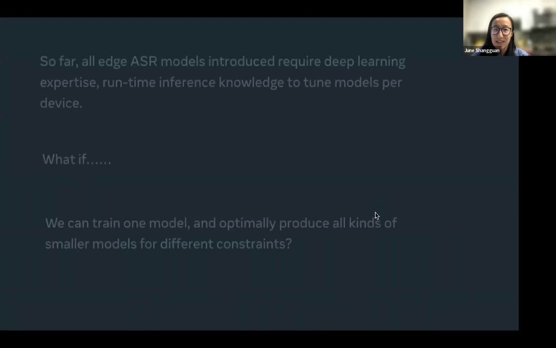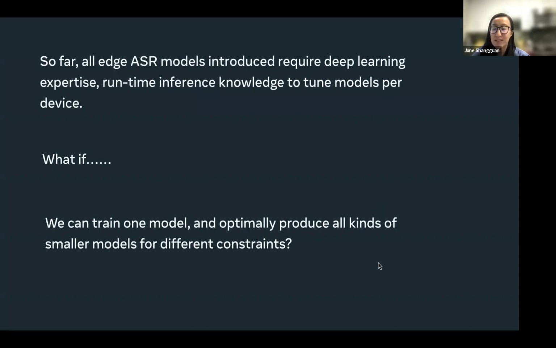So this is very exciting, but all of these techniques work for on-device ASR, but so far, all of our edge ASR models require deep learning experts. It requires PhDs like you guys tuning the model, knowing exactly what's happening and working on it. But we support a lot of models and we want to make sure that, what if we just train one model and it can produce all kinds of smaller models that are optimal for their sizes?